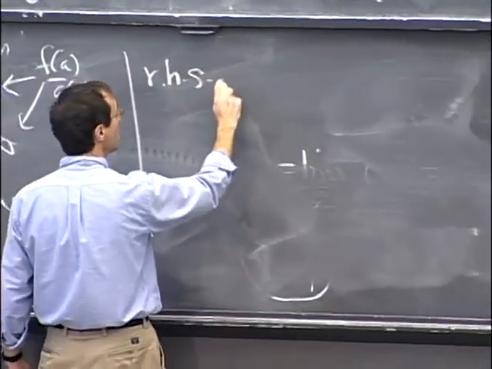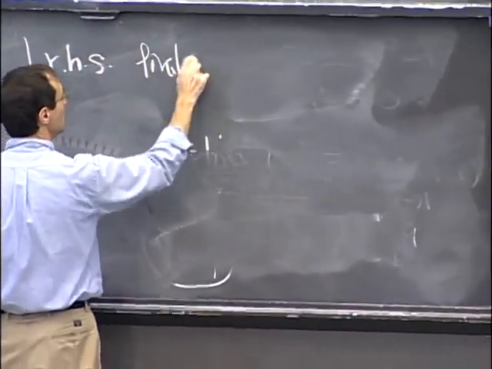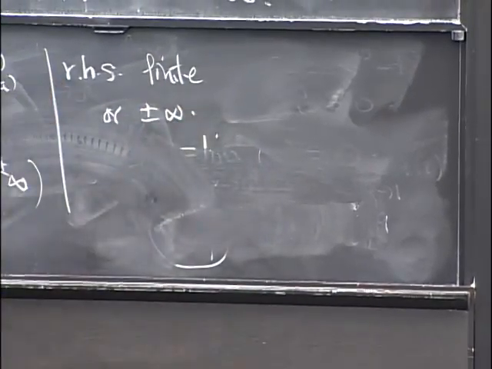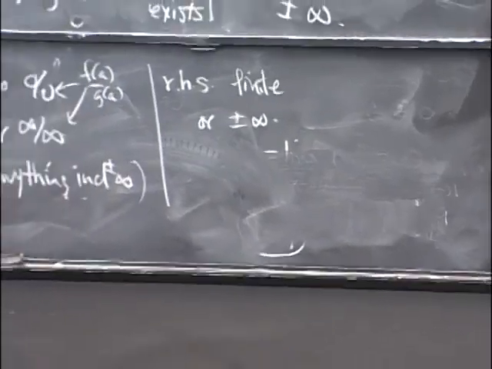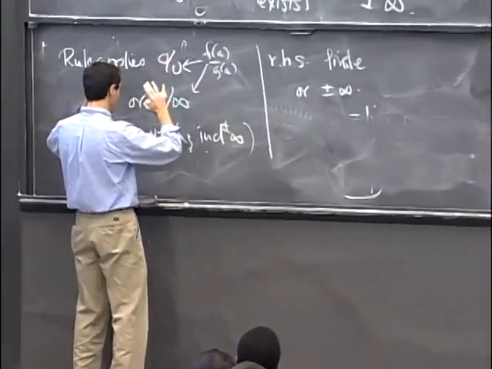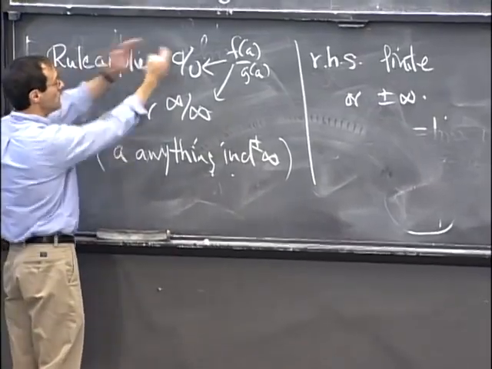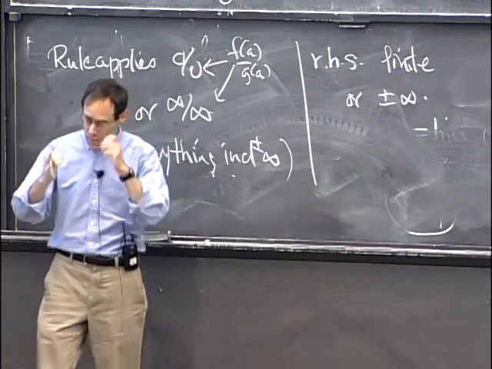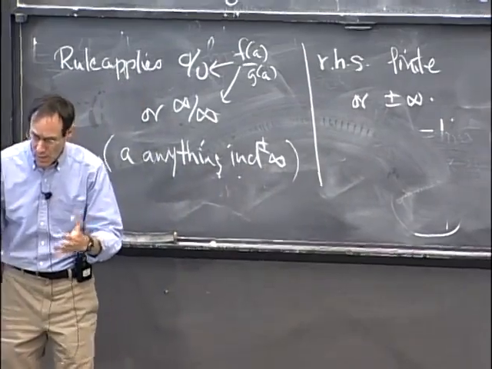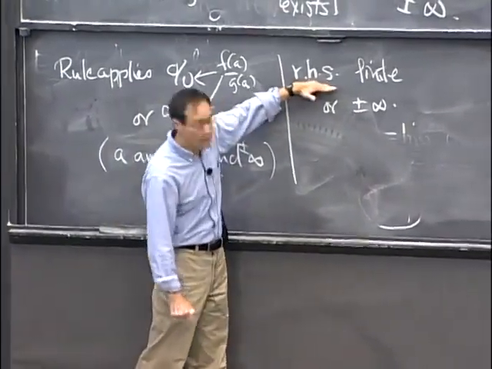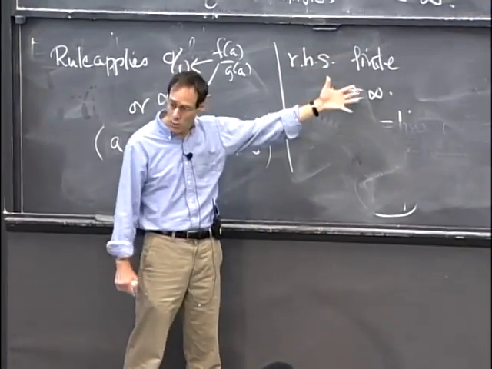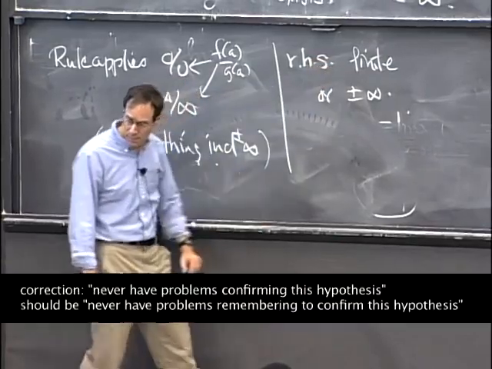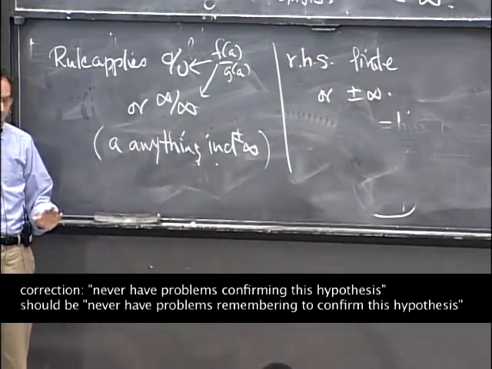It has to be either finite or plus or minus infinity. Okay? So you need something. You need a specific value of a. You need to decide whether it's an indeterminate form. And you need the right-hand limit to exist. It's not hard to impose this, because when you look at the right-hand side, you'll want to be calculating it. So you'll want to know what it is. So you'll never have problems confirming this hypothesis. Okay?